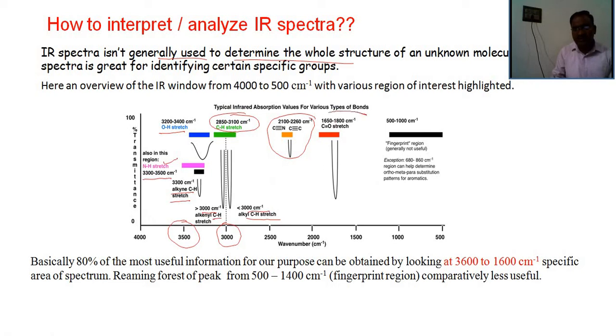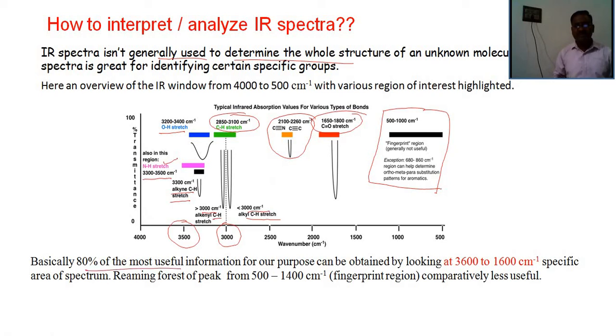In the region 1650 to 1800 per centimeter, it is C=O stretching, and 500 to 1000 per centimeter is the fingerprint region. In the fingerprint region, we predict different molecules based on the fingerprint pattern.